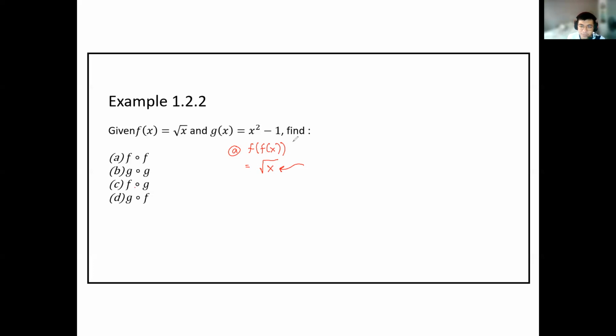So the correct answer would be, you substitute the value of x into this given equation.